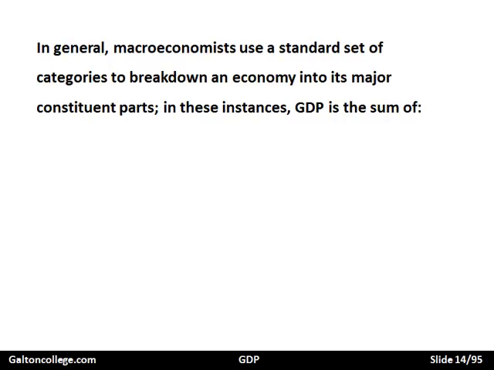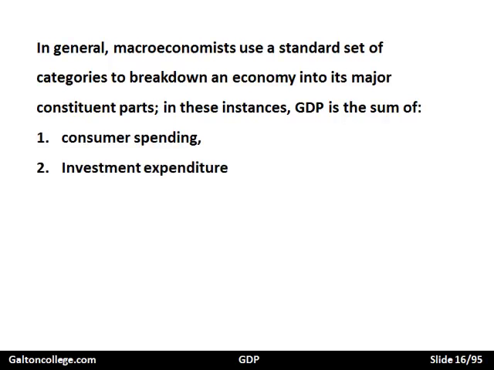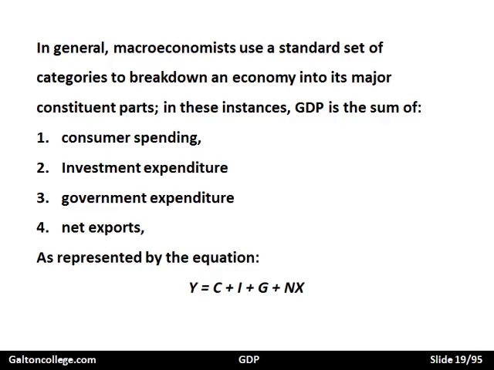In these instances, GDP, gross domestic product, is the sum of consumer spending, investment spending, government spending, and net exports. These are represented by the equation Y = C + I + G + NX.